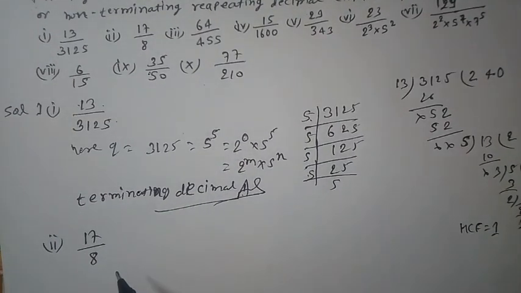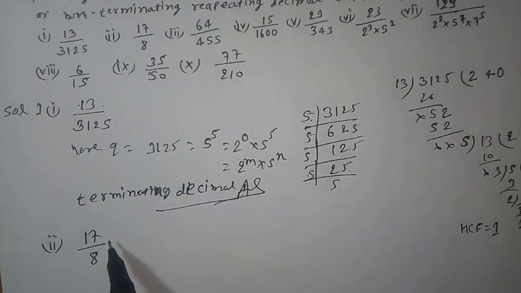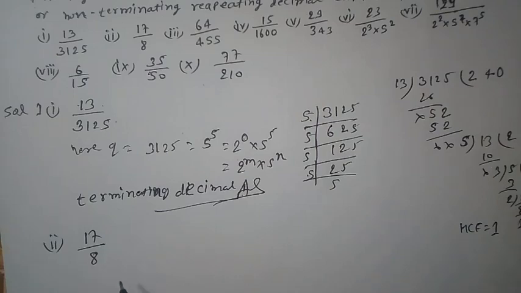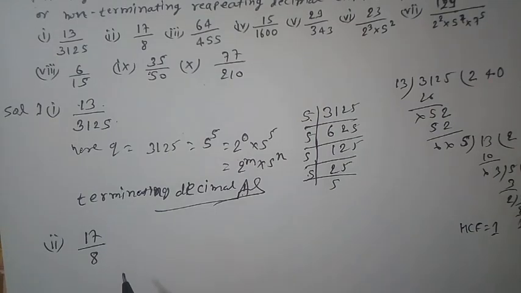Now see, 17 is a prime number and 8 is a co-prime. So HCF of prime number and co-prime number is 1. Therefore 17 by 8 is also in simplest form.